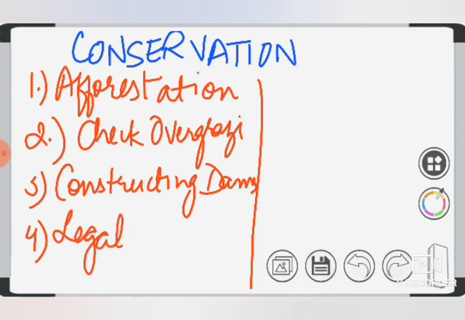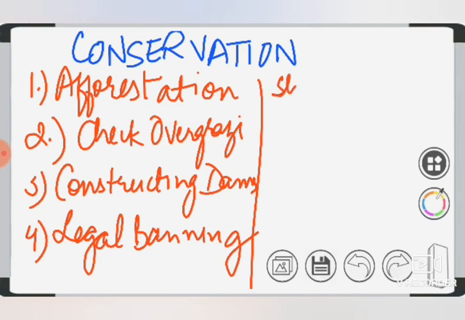There should be banning, like if people prefer shifting cultivation, or they leave the land barren, or the overcultivated land is left, that should not be there. That should be banned by the government.